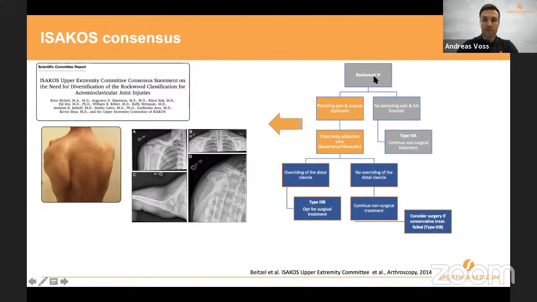So as you can see here, Rockwood 3, persisting pain and scapular dyskinesia, they recommend first conservative treatment. If you can see the cross-body abduction view in the Alexander view, there is an overriding of the distal clavicle. It's a type 3B, and they opt for surgical treatment. If there's no overriding, one can continue non-surgical treatment and consider surgery if treatment fails.